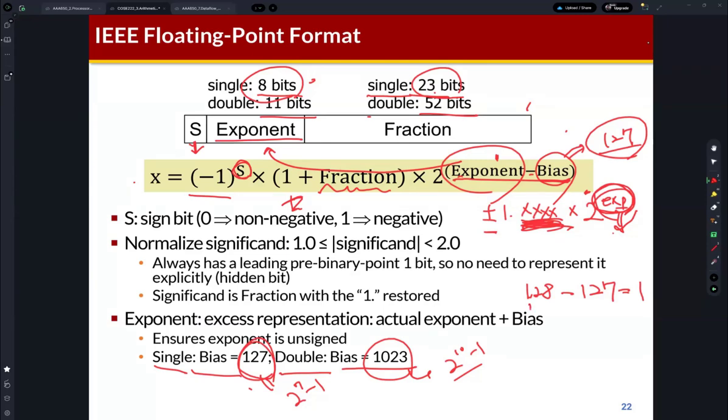If we use 126 for this exponent field, then the real exponent is 126 minus the bias 127, which is minus 1. It's not 2's complement. We just use the bias to represent negative numbers. It's a little bit different.